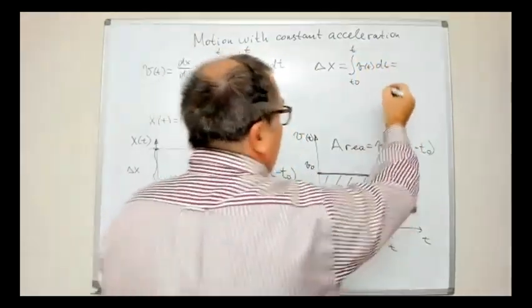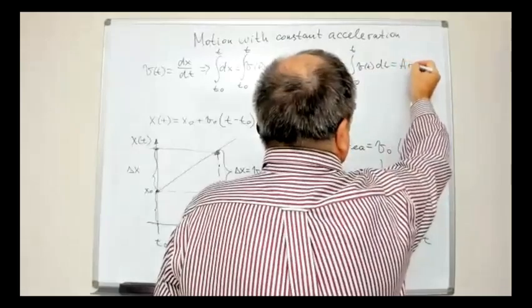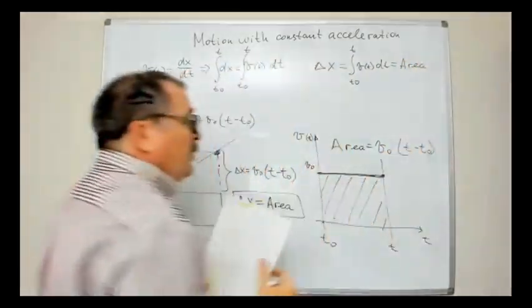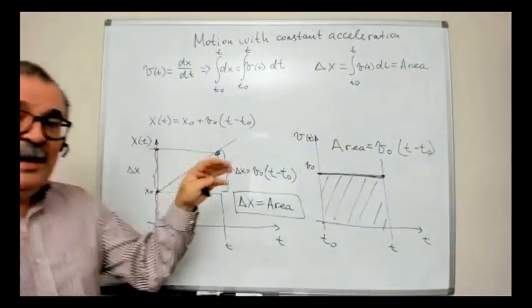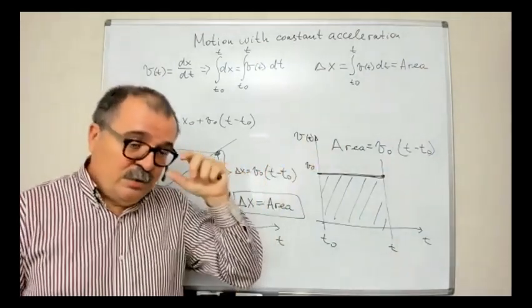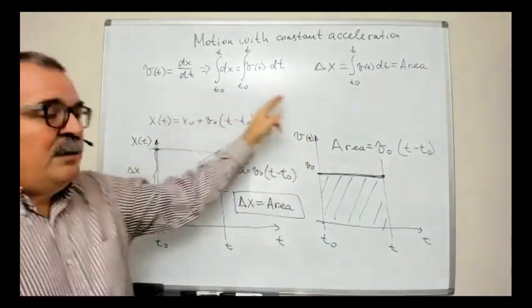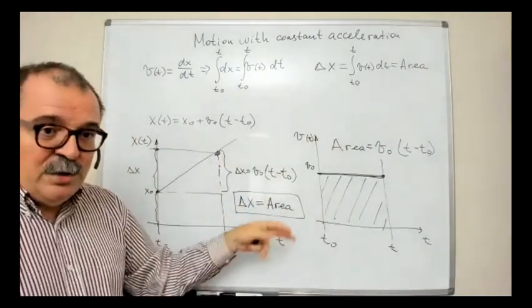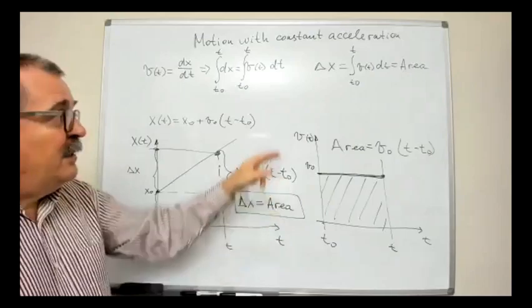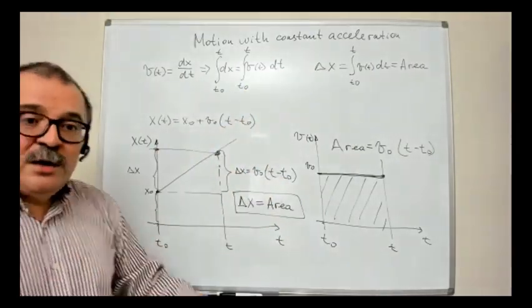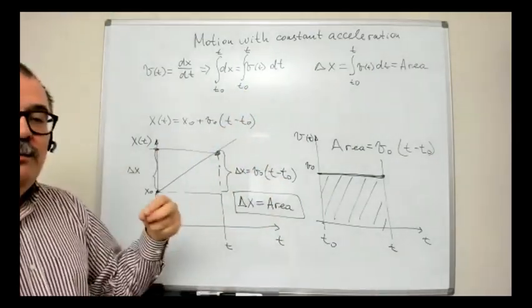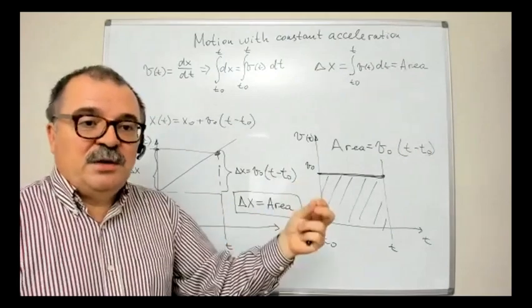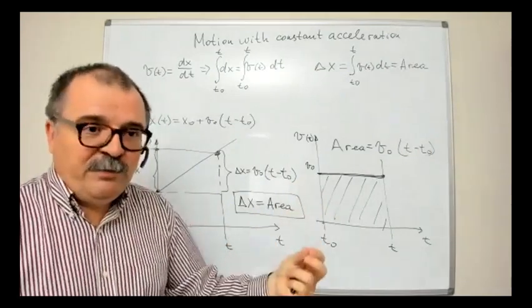But this is an area. So the geometrical meaning of the integral is the area under the curve. That's coming from calculus. So that line indicates that this property we found from this simple consideration and comparison is valid in the general case, even if, let's say, the object moves not with constant velocity, but with variable velocity.